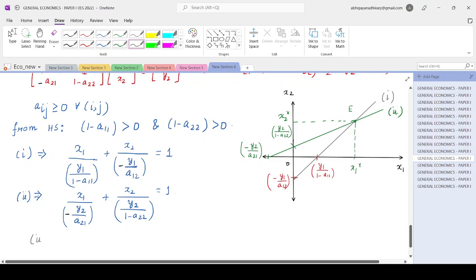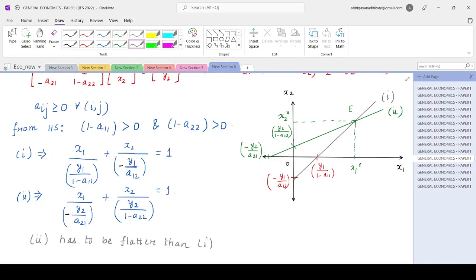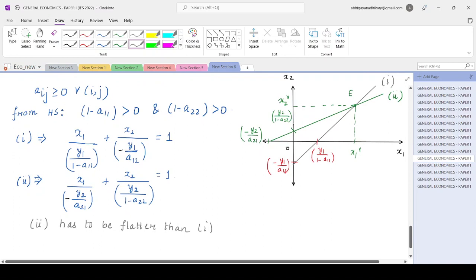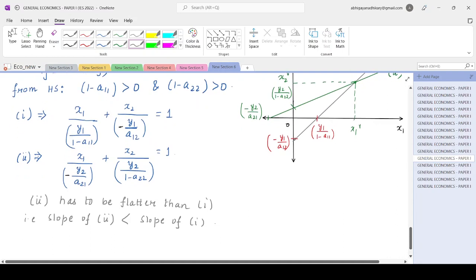Line 2 has to be flatter than line 1. That is, slope of line 2 has to be lesser than slope of line 1. Correct?